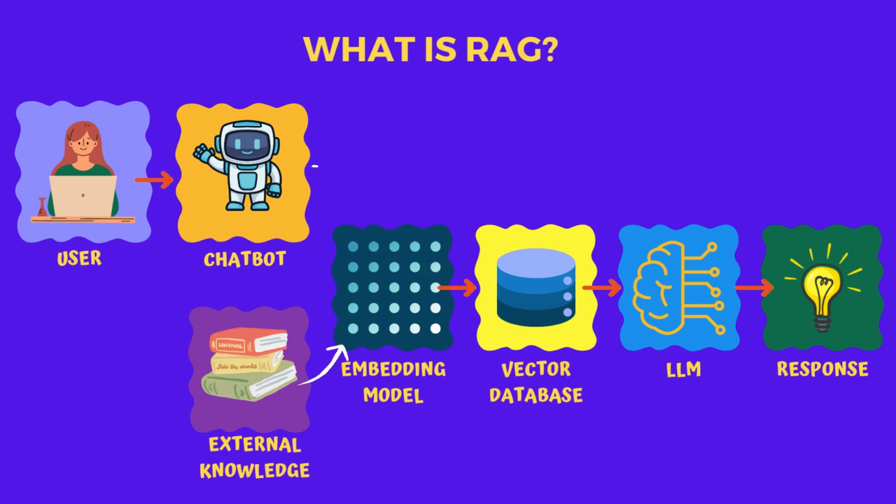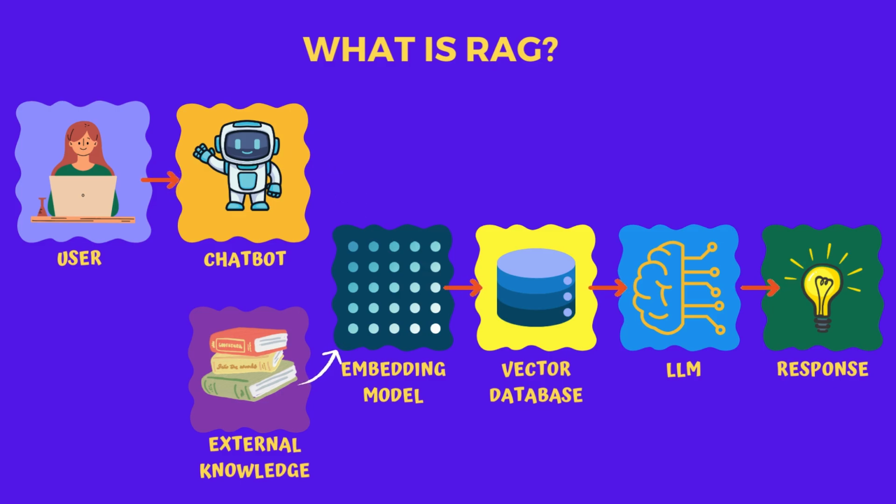Both the query and the retrieved information are converted into something that AI can understand, which is called embeddings. These embeddings are compared to find the information most closely related to the query.